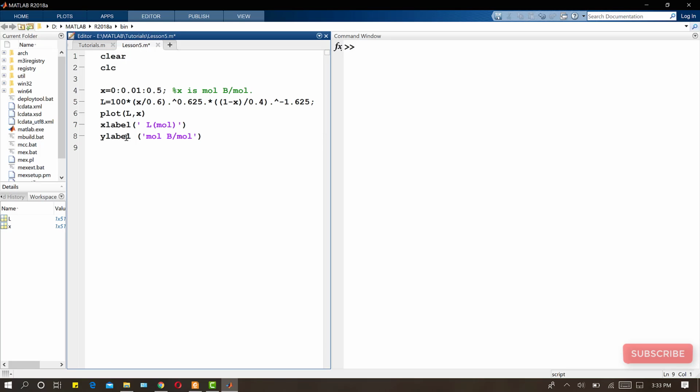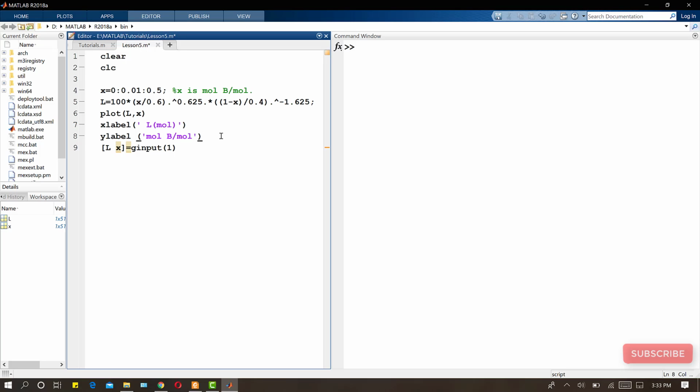Then we need to read the value at L is equal to 70, so I need to take an input. This time I write L and X, and I will write ginput, and I want to read one value, so I will write 1.